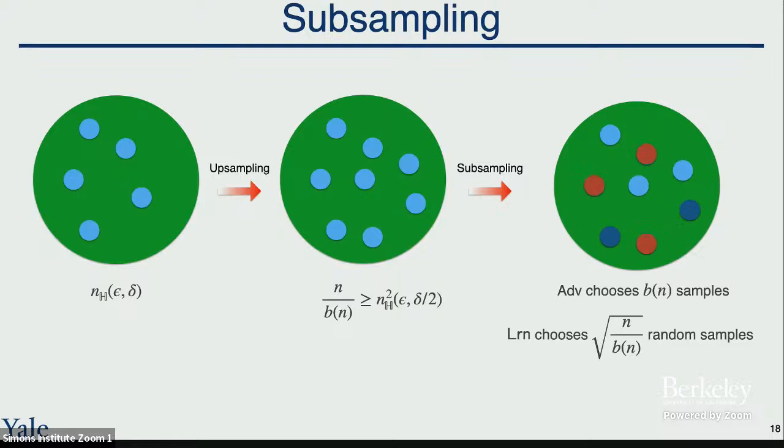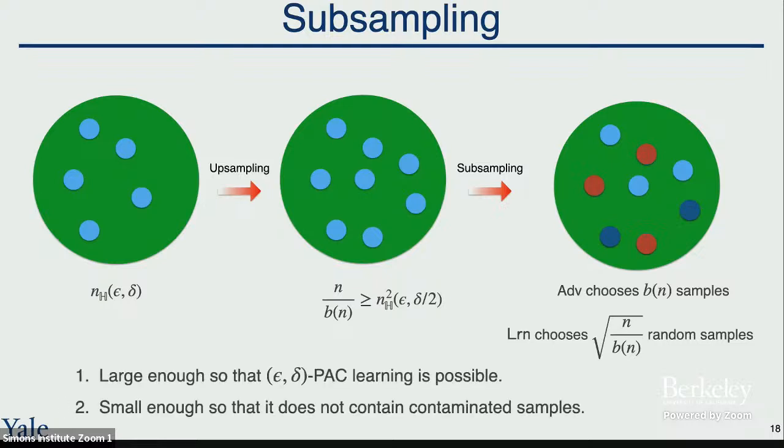The reasons are twofold. First of all, this set of subsampled points is large enough that if you look at these subsampled data points, you can learn from them as if there was no attack: you learn with the same guarantees of epsilon and delta.